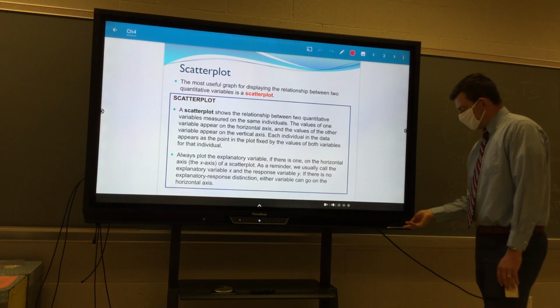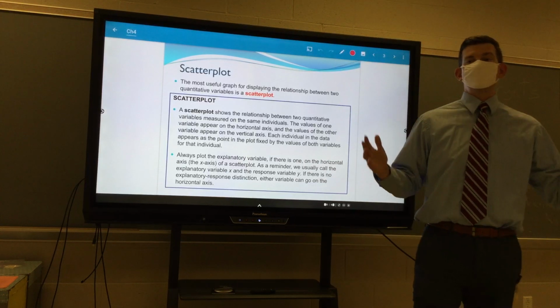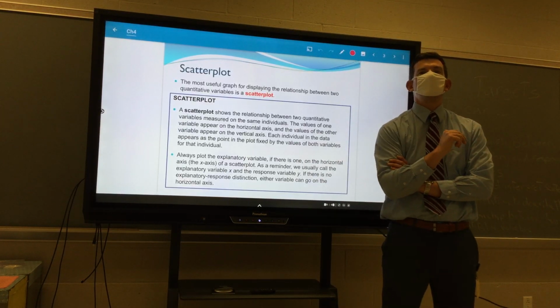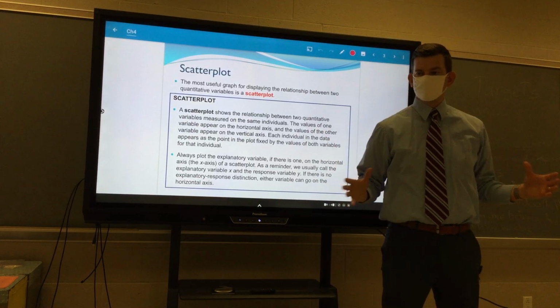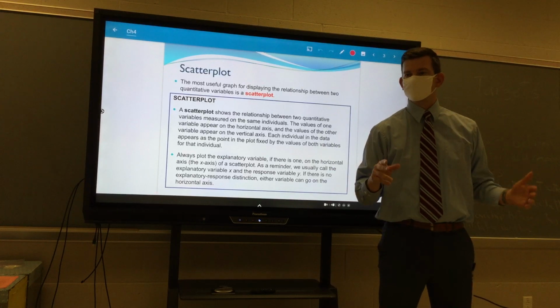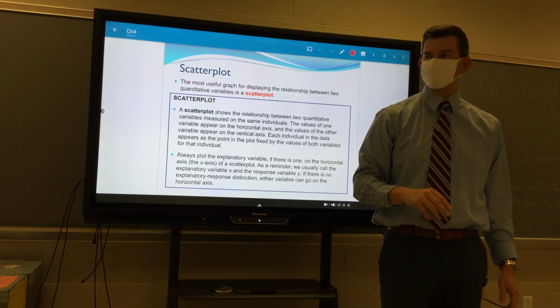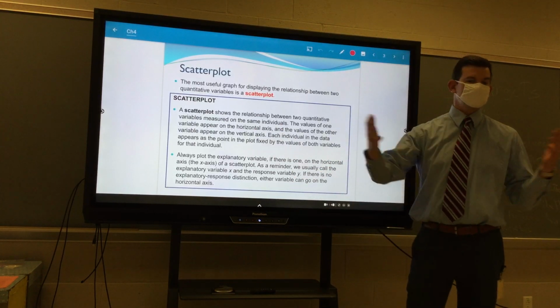Now, a scatter plot is a new display. We've already looked at a lot of displays of data so far, but all of those displays have been for a single variable. Okay? We have a set of numbers, like the heights of everybody in the class. That can be represented on a stem plot, histogram, or box plot.